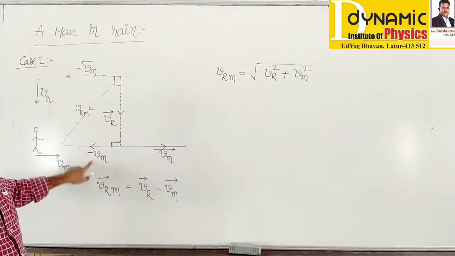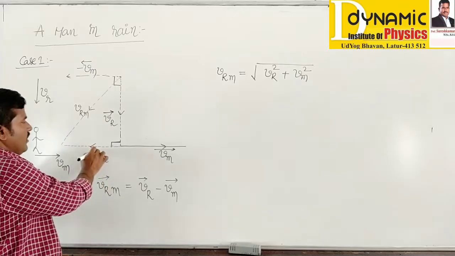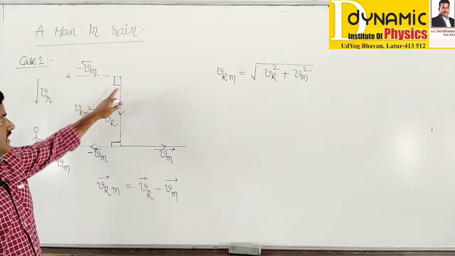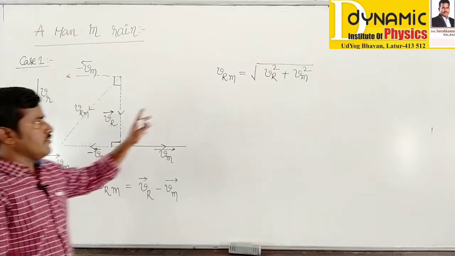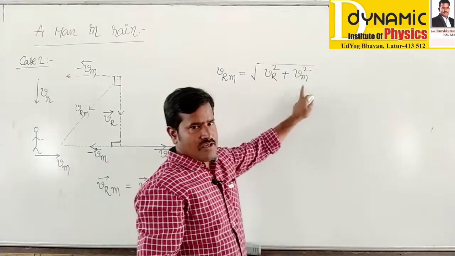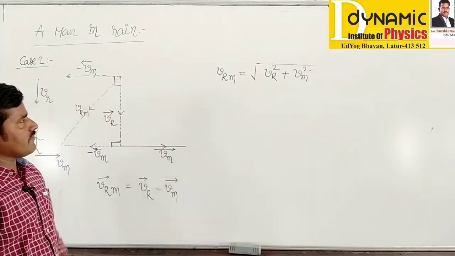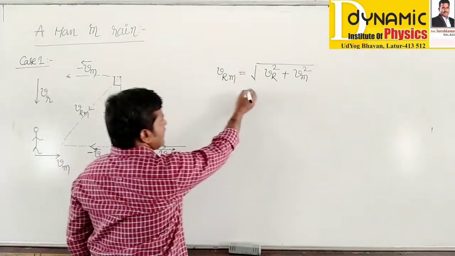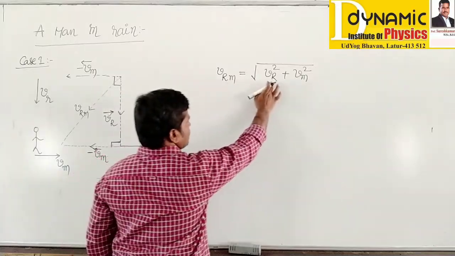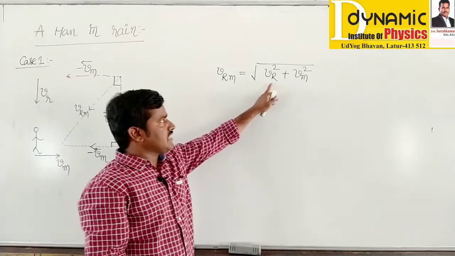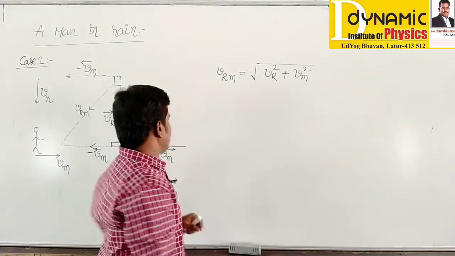This is minus Vm, and these are the directions. So the angle is 90 degrees, and its value becomes Vr square plus Vm square. This is the resultant of one positive vector and another negative vector, which is called the relative velocity of rain with respect to man.